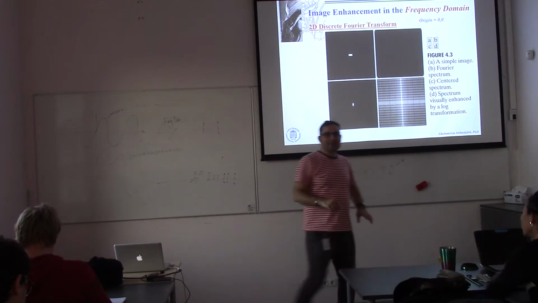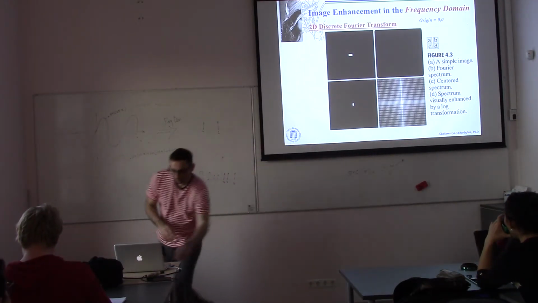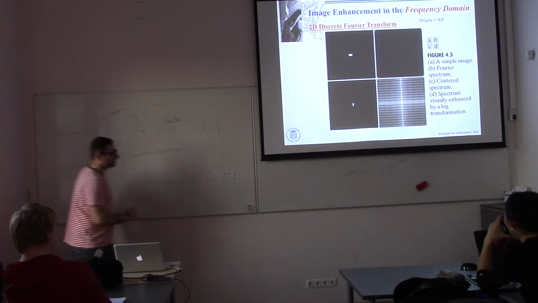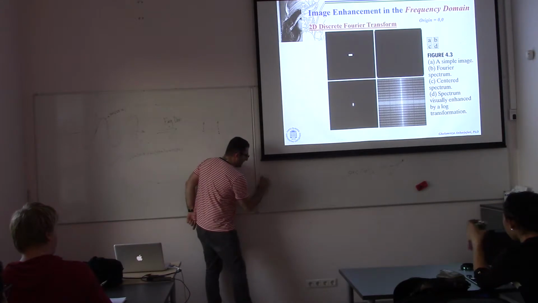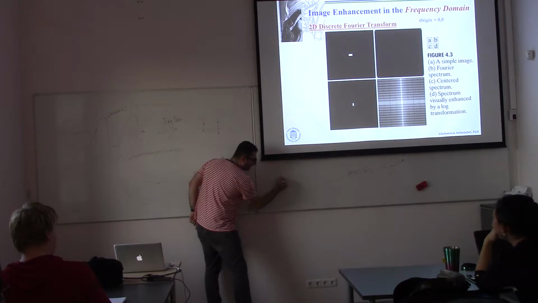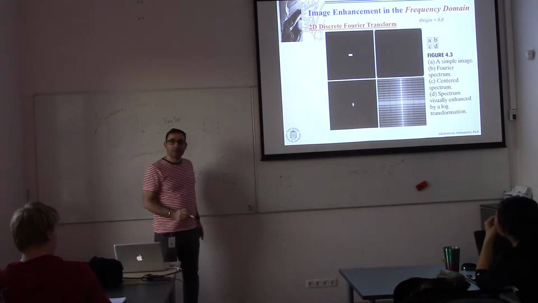So what happens is that I actually have this one repeated a lot. So this is the one that I have. This is the 0 frequency, this is another small frequency, this is another small frequency, this is another small frequency.